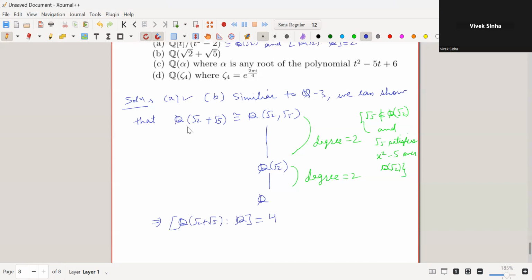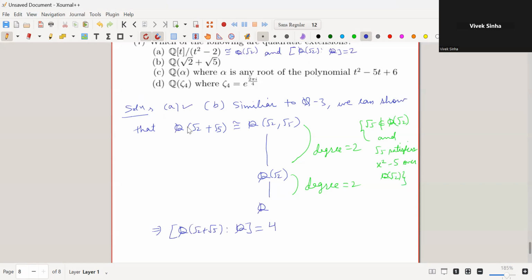Okay, so this is not a quadratic extension.